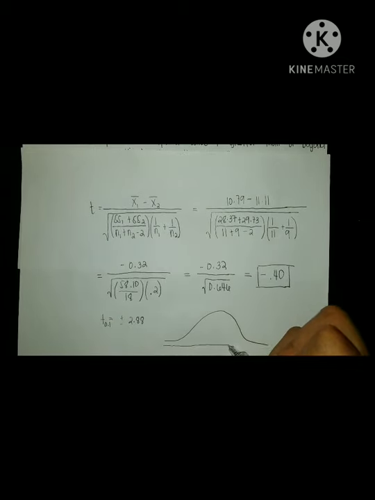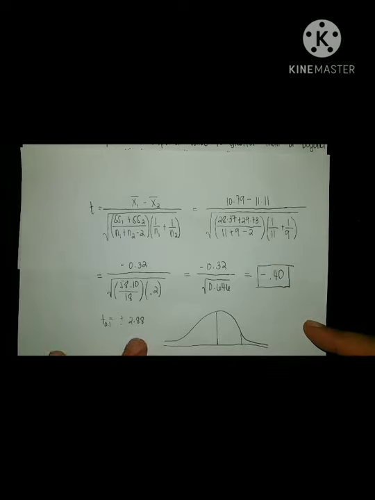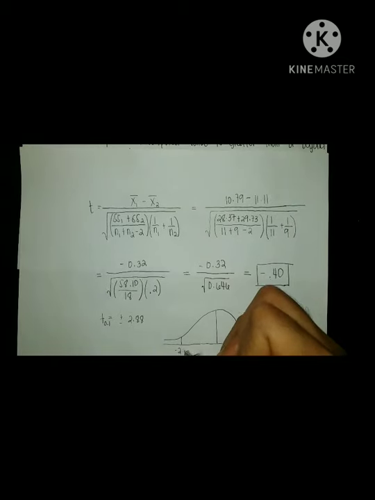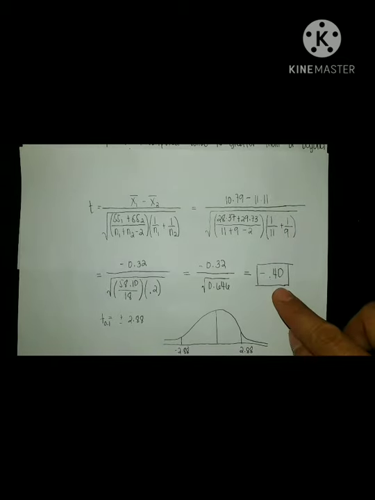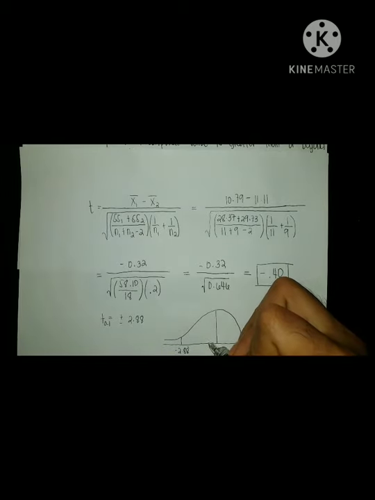Then the mean will be here. And on the right side, we have the positive critical value, which is 2.88. Then on the left side, we have the negative critical value, which is negative 2.88. Then let us locate our computed value, which is negative 0.40. So it will fall maybe here.